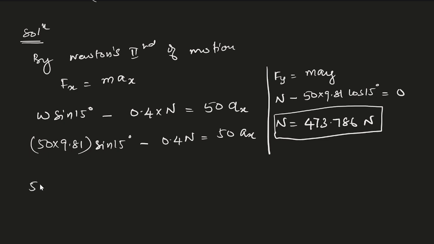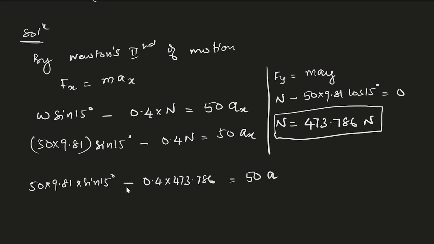This will be 50 into 9.81 into sin 15 minus 0.4 into 473.786, equal to 50 into a. So we can find the acceleration from here: 50 into 9.81 into sin 15 minus 0.4 into 473.786, divided by 50.